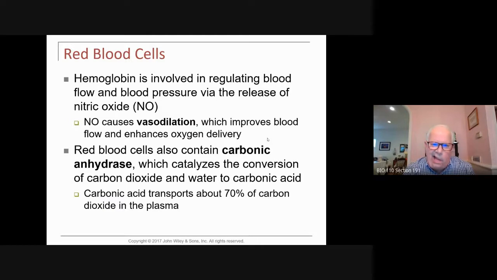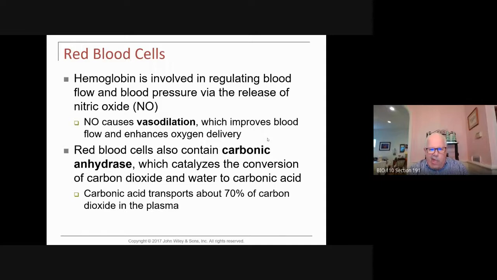When you vasodilate the blood going into the male organ, it will become erect. So that's the function of nitric oxide. Not only does it do that to the male organ, it also does that all over the body. If you vasodilate your arteries and your veins, it will enhance blood flow and will enhance oxygen delivery.